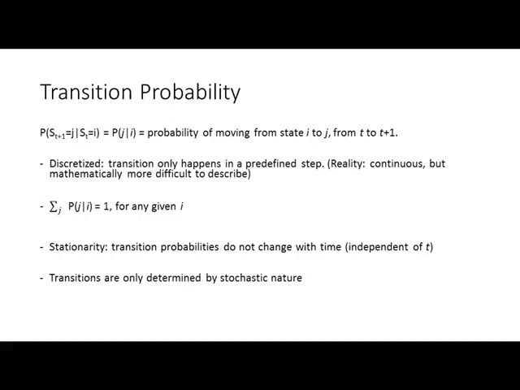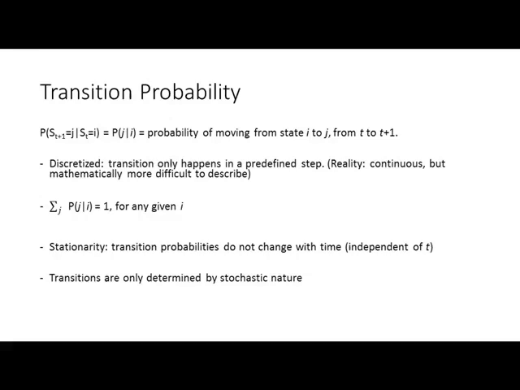A few observations are very important here. First of all, this is a discretized transition probability, meaning the transition will only happen from t to t+1. The transition will only happen for one predefined step. But this actually is not true in reality, right? You cannot expect the patient to go from well to sick in exactly 1 year, or exactly 1 month, and so on, right?